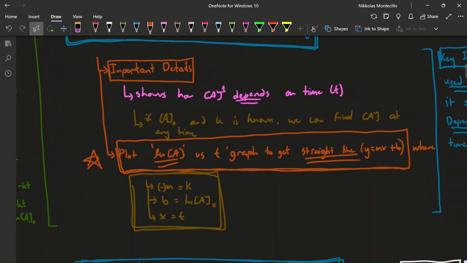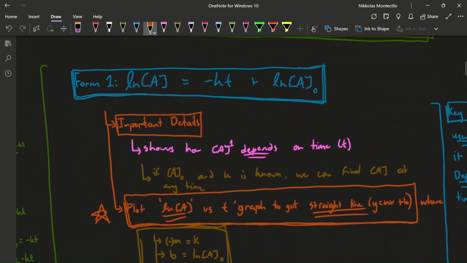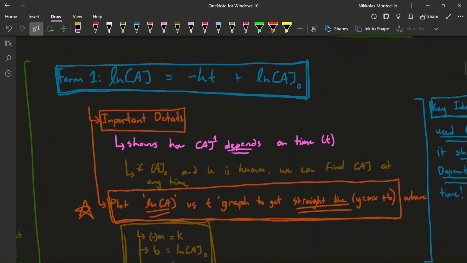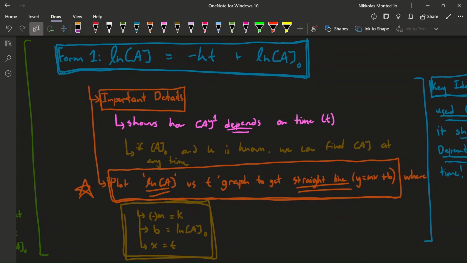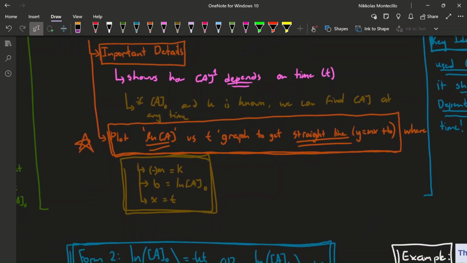So when we plot the values obtained from experimental data from a first order reaction, we'll be able to get a straight line where y equals mx plus b, where the negative slope, or negative m, is equivalent to k, b, the y-intercept, is equal to the natural logarithm of the initial concentration, and x is equal to time, or t.